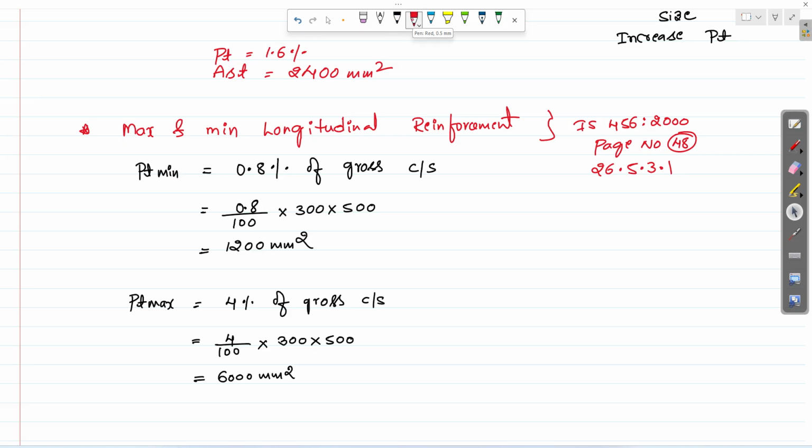So minimum area of steel is 1200, maximum 6000. So my provided steel is 2400. So it is more than the minimum and less than the maximum value. Okay.